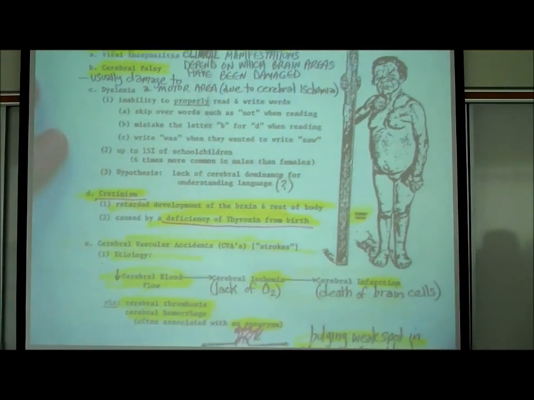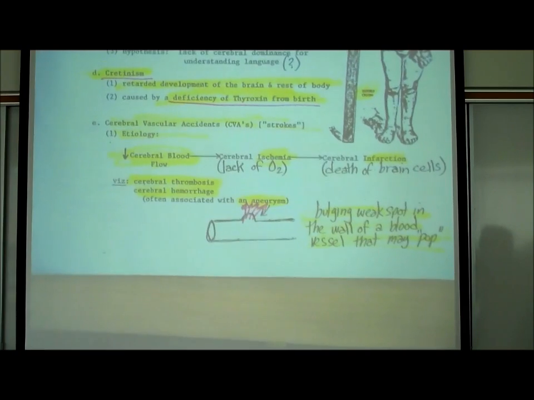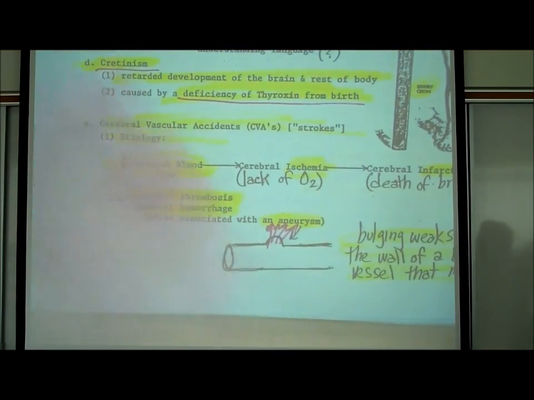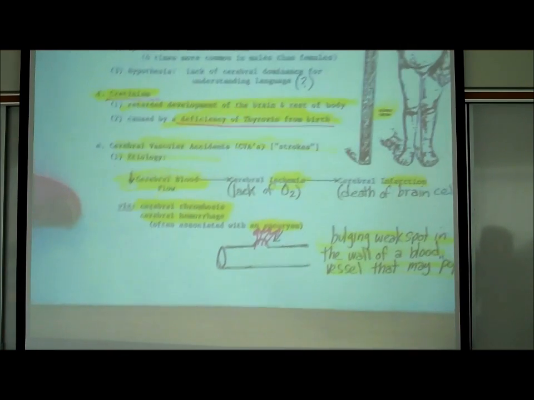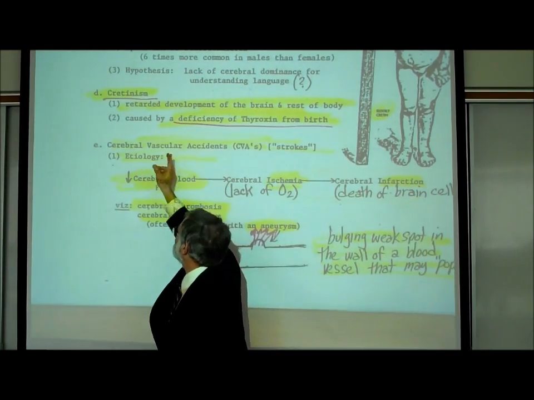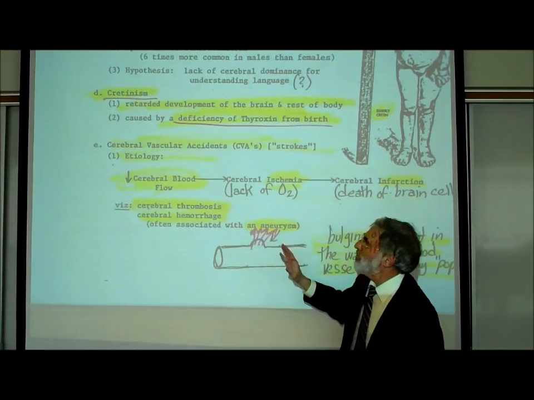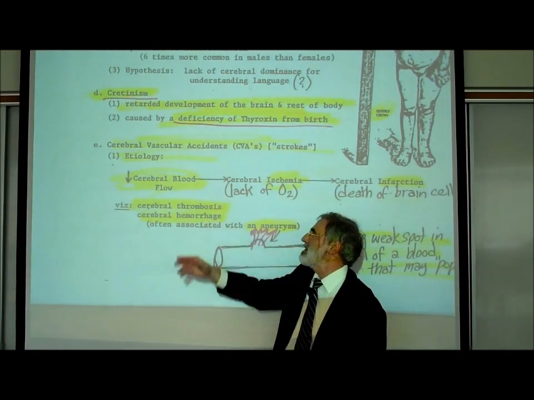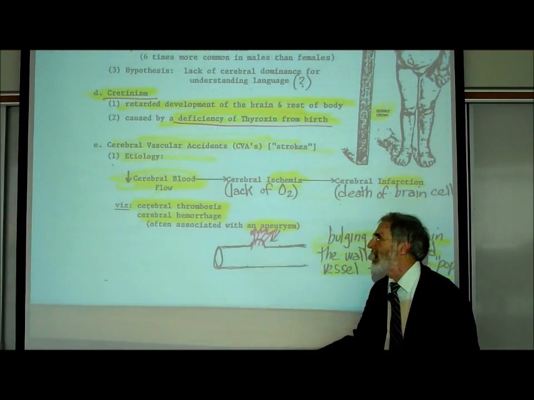Now, the next term is very important: cerebrovascular accident, or stroke, CVA, or stroke. Cerebrovascular accident. It sounds like a problem with a blood vessel to the brain. So this is where there is damage to the brain because of a decrease in blood flow to the brain.